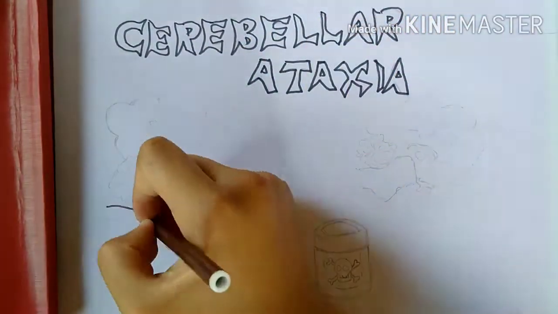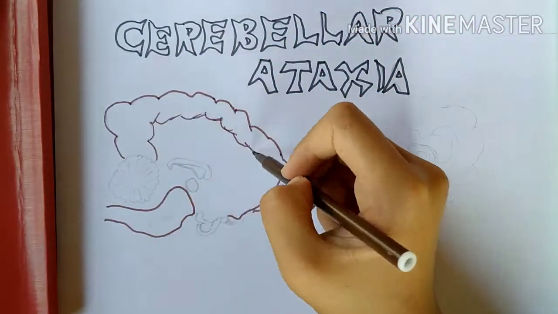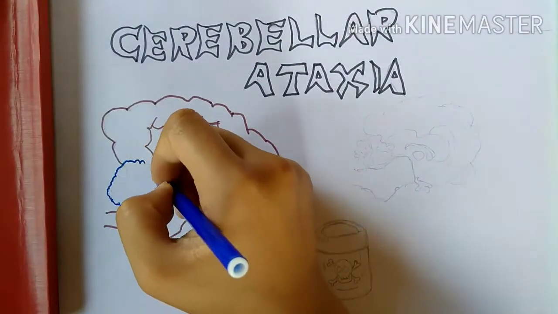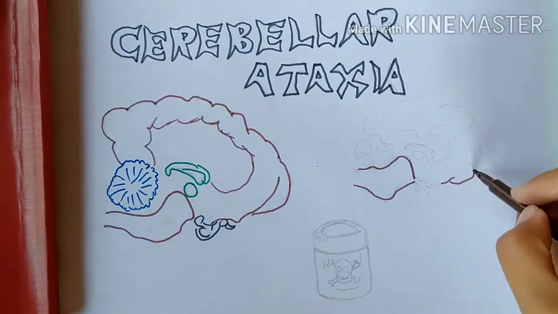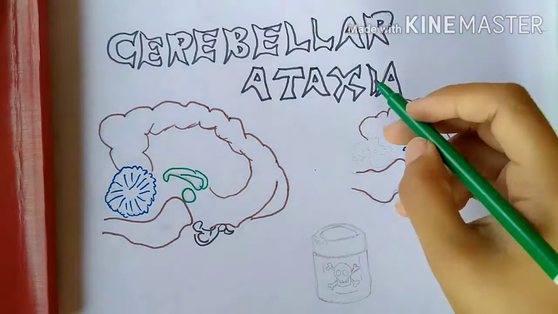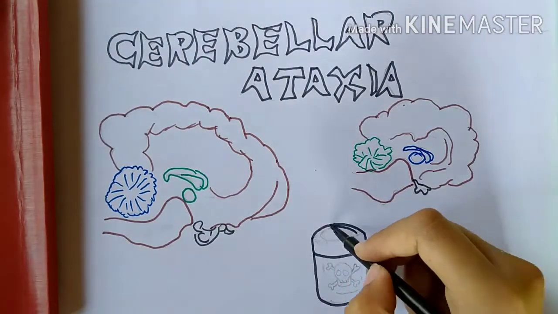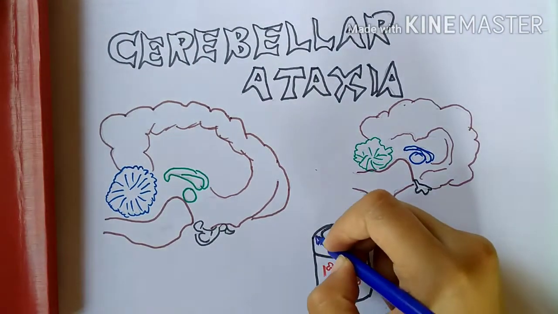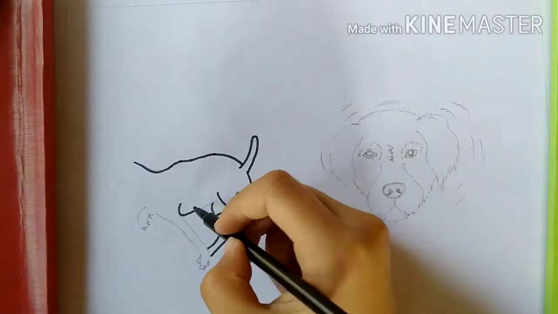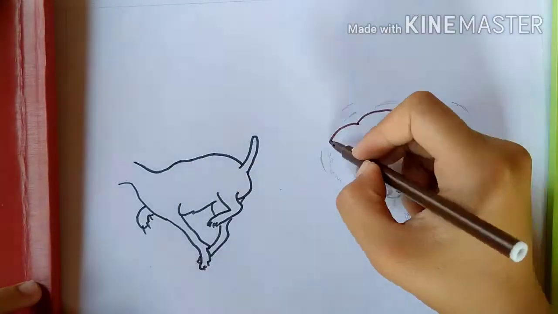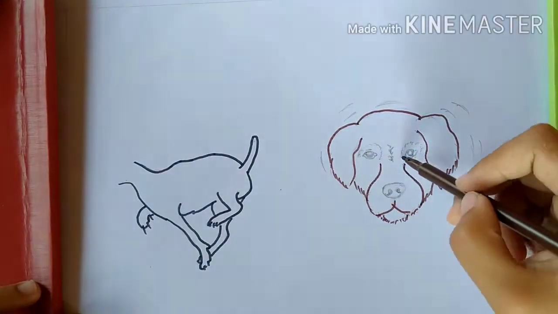Cerebellar ataxia could happen when there is an inflammation or malformation of the cerebellum and metronidazole toxicity. And this will lead to ghost-stepping gait and head tremor.